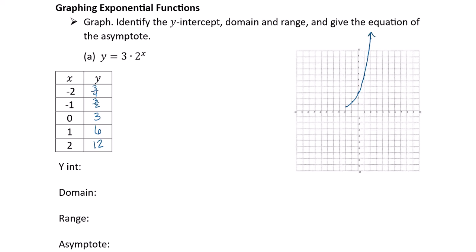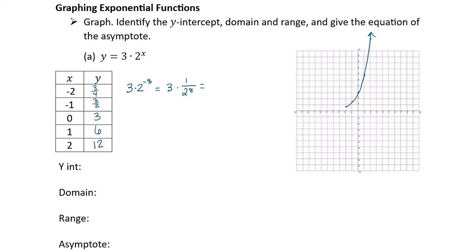And as we go to the left, if you need to add a few more points in there to make sure, let's say that we put in a negative 8. 3 times 2 to the negative 8. That's going to be 3 times 1/2 to the 8th.